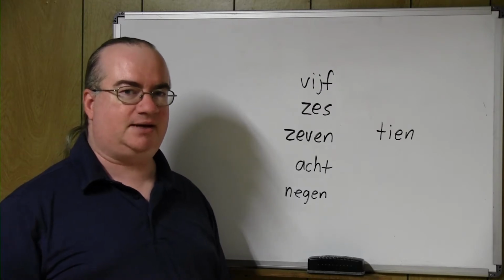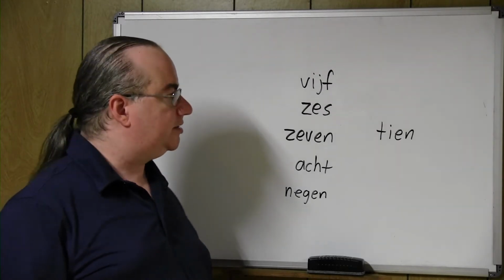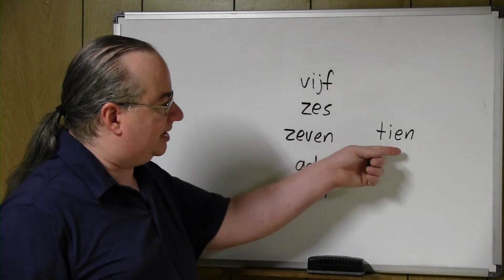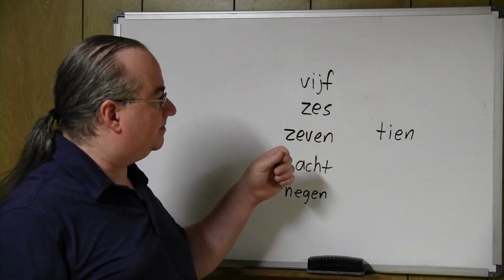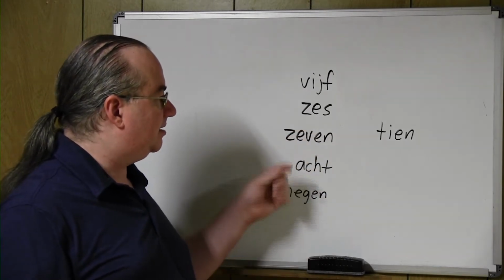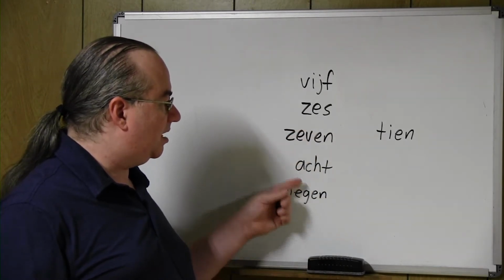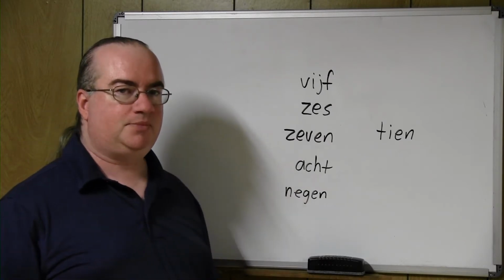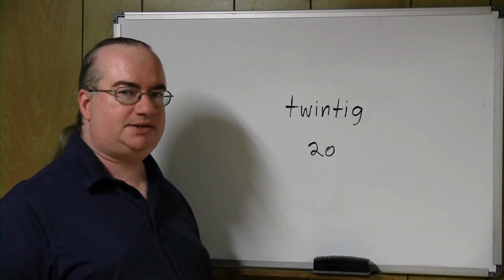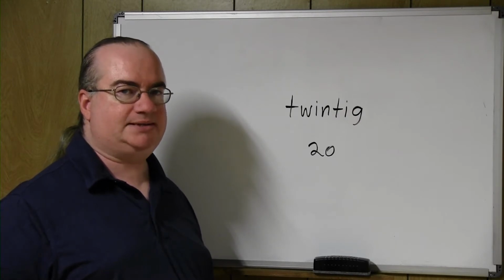From 15 to 19 is pretty easy. You just take the number plus 10 and put them together. So 15, 16, 17, 18, and 19. Pretty simple. The rest of the numbers from here on out are pretty easy to remember.